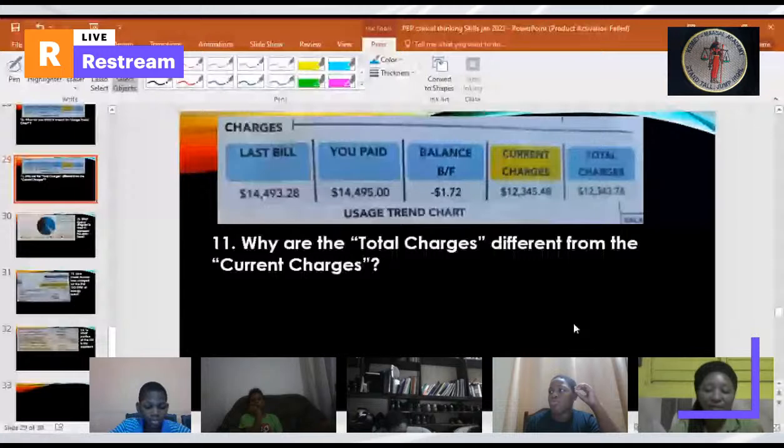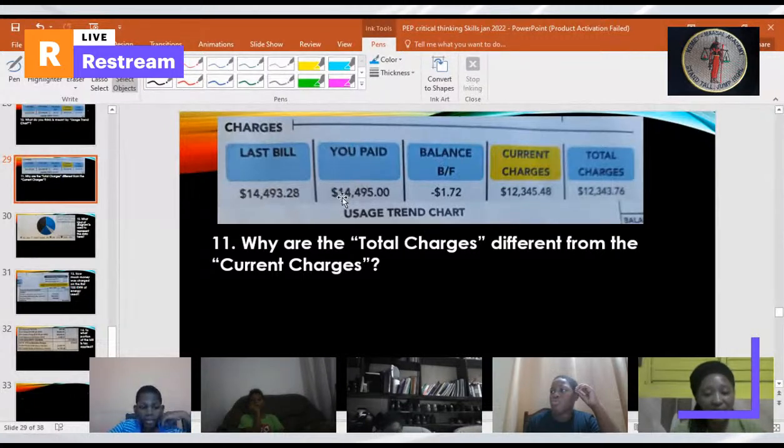All right, so what happens is she had a balance brought forward that was negative. That means she overpaid a little bit on her last bill. So her last bill was $14,493.28, and she paid $14,495.